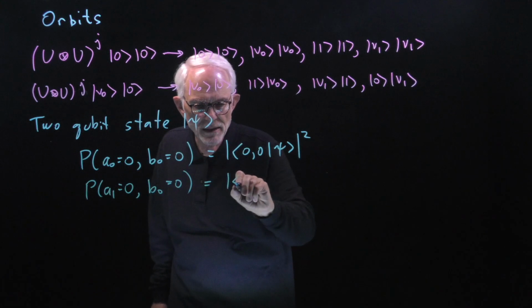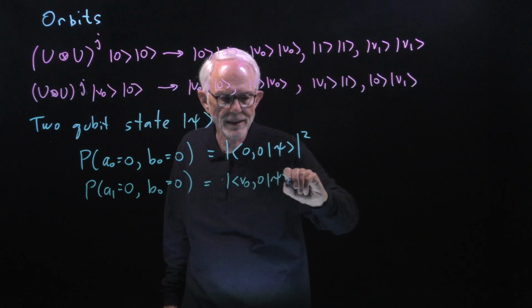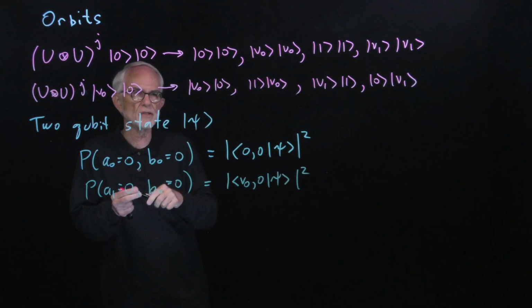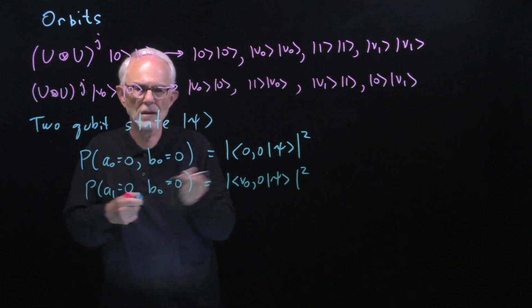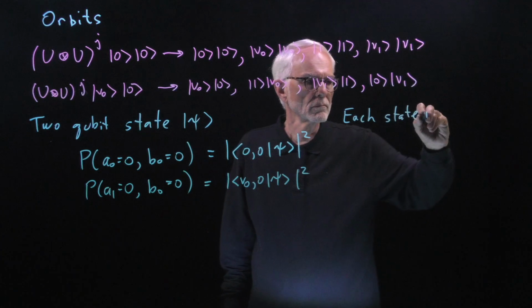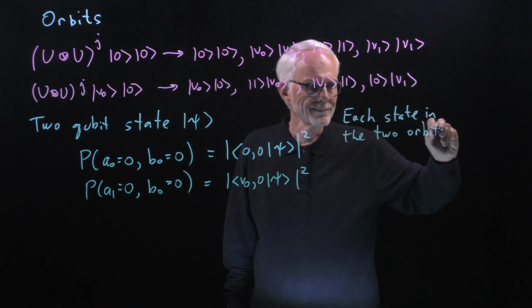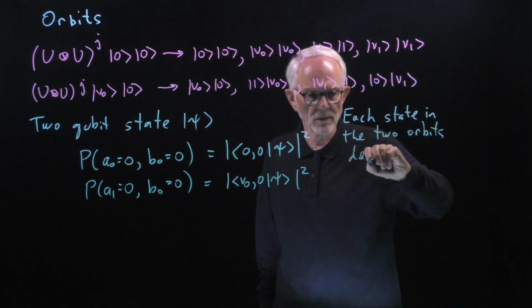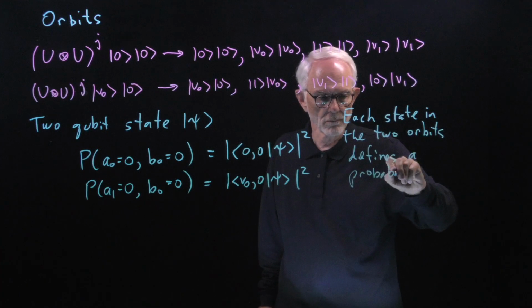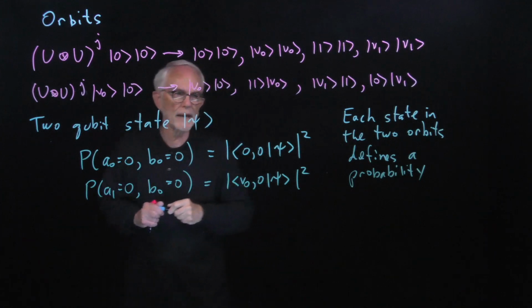So this is simply given by the squared overlap of V0, 0 with psi. So each of the states in these 2 orbits defines a probability, just like this, for some state psi.